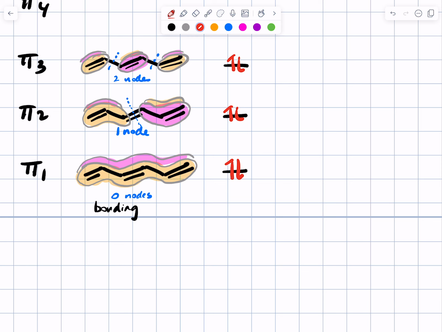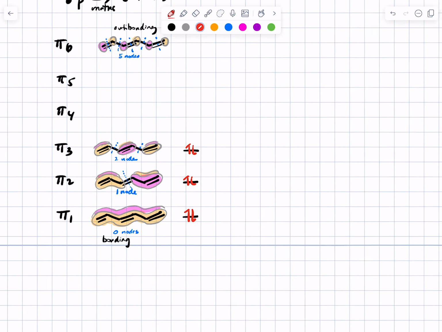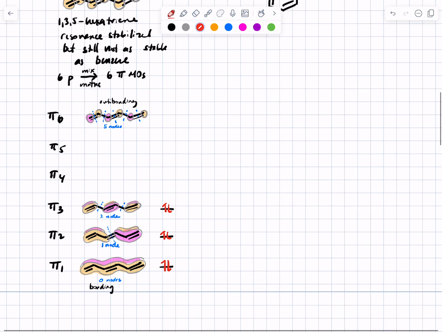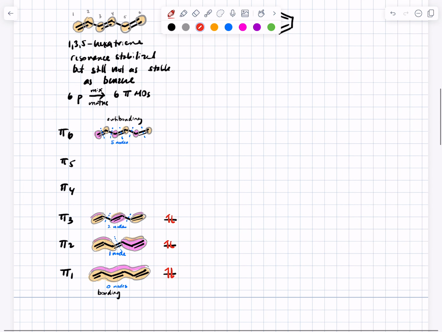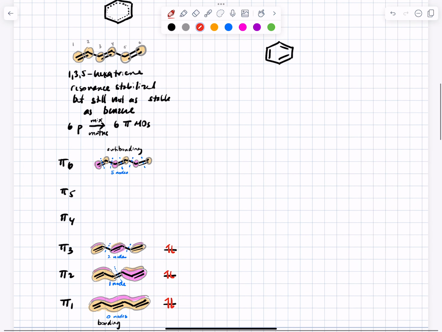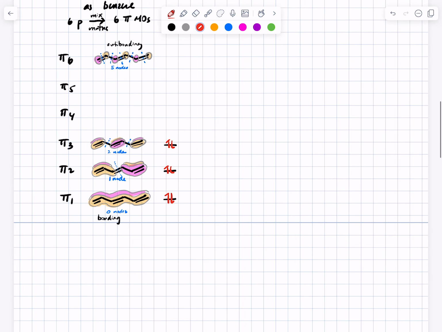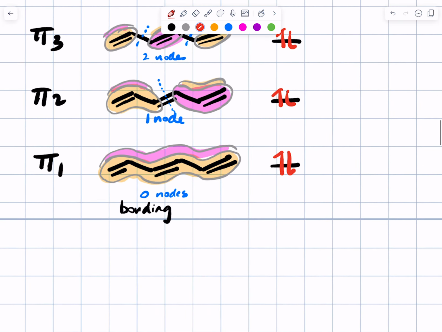But there's one more piece of the picture that we need to deal with to really understand how the orbitals for 1,3,5-hexatriene differ from the orbitals for benzene. And to do that, I'm going to introduce some new terminology.